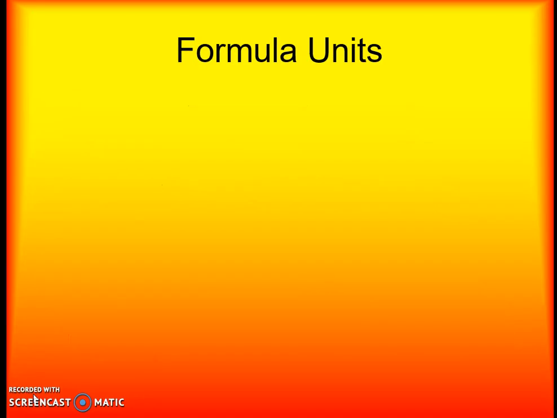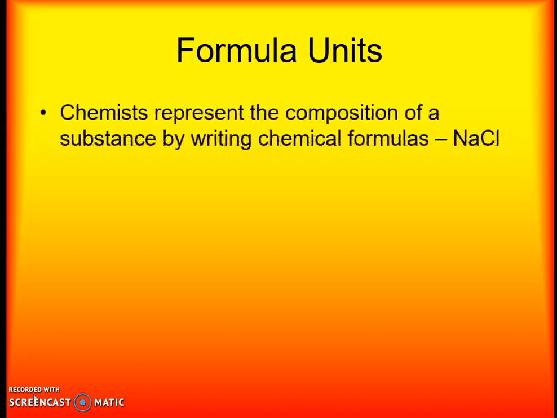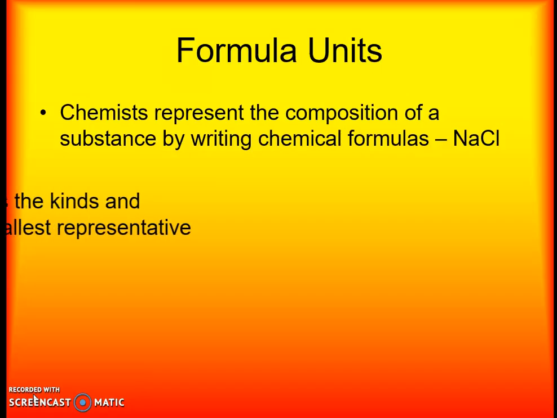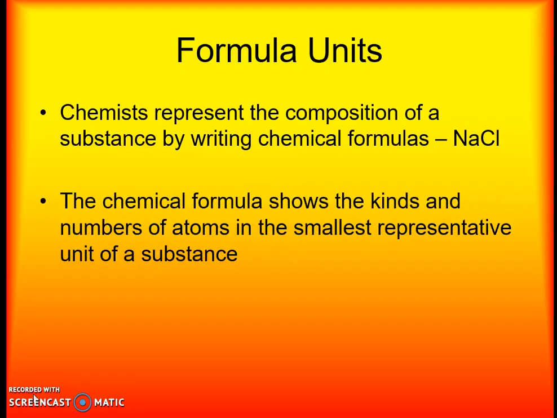We look at ionic compounds by their formula unit, which is a ratio of the cations to anions that make that compound neutral. What is the smallest whole number ratio of ions to make that compound neutral? So within that formula, we see both what types of elements are in that compound and what ratio they are combining in.